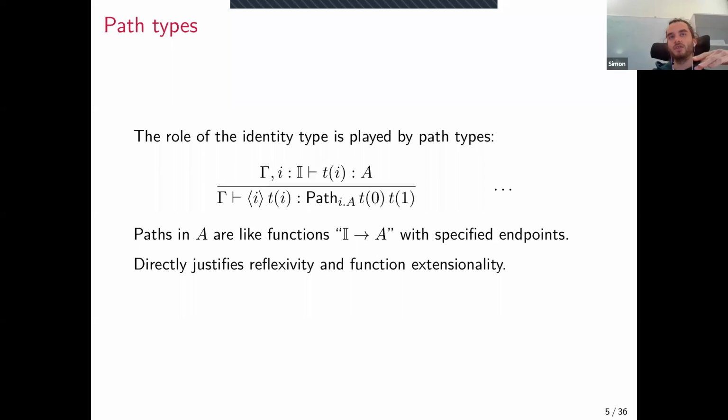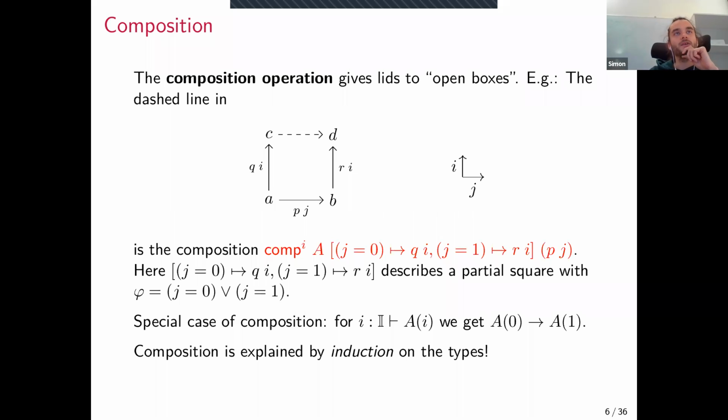And just from the rules of how this behaves, I mean, this really is like a lambda, so you have a beta and eta rule and so on. So just like how this behaves, you can justify reflexivity and function extensionality by just the interaction of the lambdas and these name abstractions. And then there's another crucial ingredient, which is these so-called composition operations.